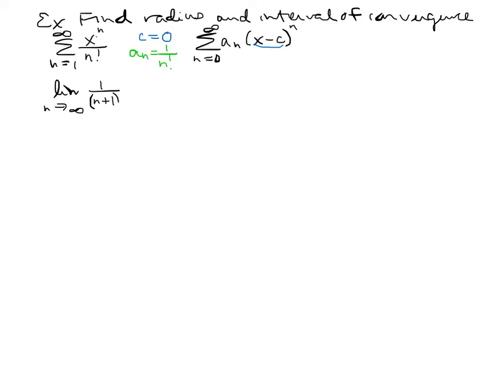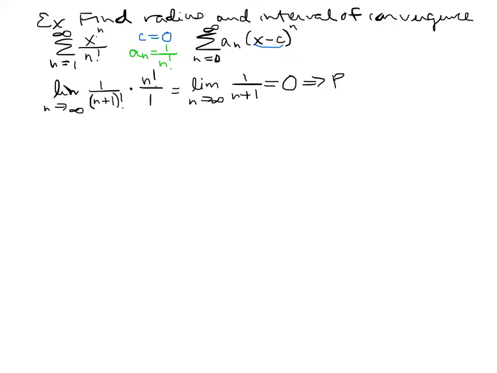N plus 1 times the reciprocal when I just plug in n. So the n factorial cancels from the top and the bottom, and what I'm left with is just an n plus 1 on the bottom there. And so my limit, I end up with the limit is 0.